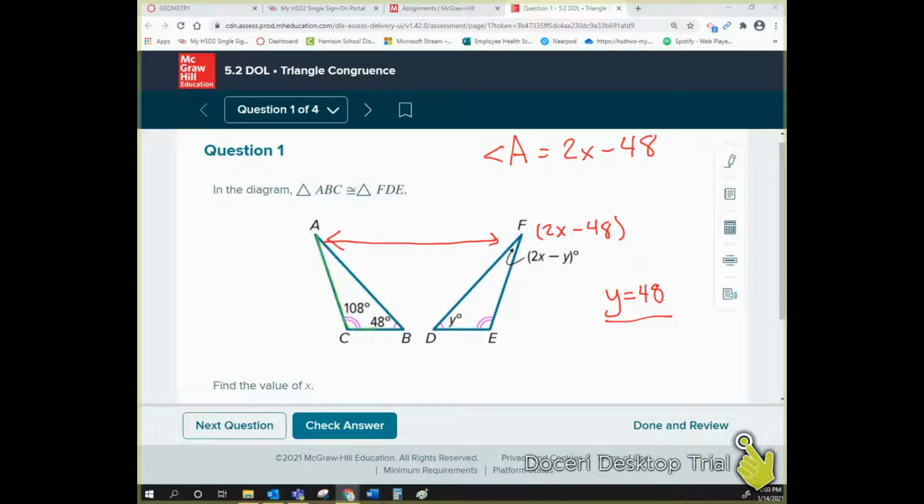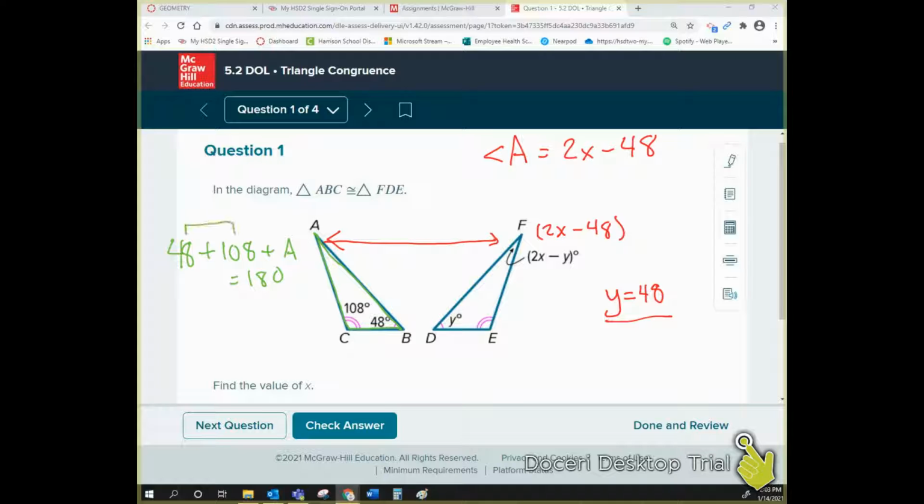In this triangle, I have two of my angles, and anytime you have two of your angles, you can find the third one by using the triangle sum theorem. And that is to say that my three angles, 48 plus 108 plus angle A, should add up to 180.